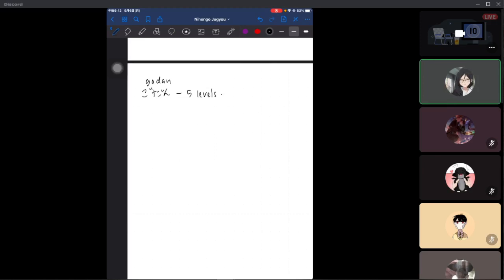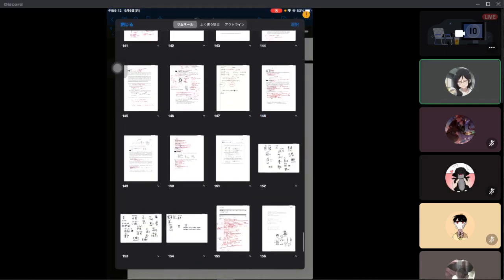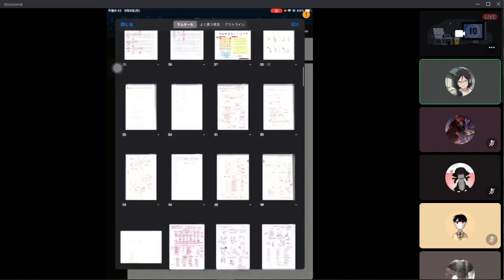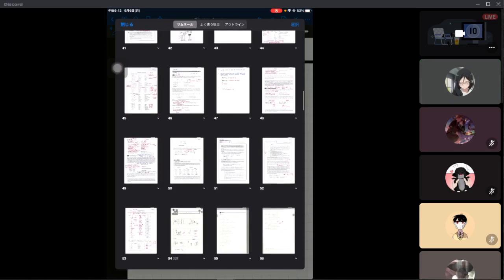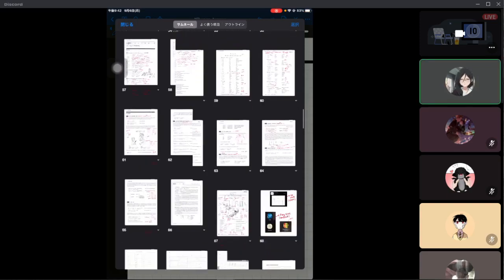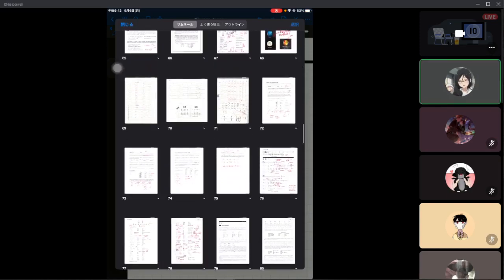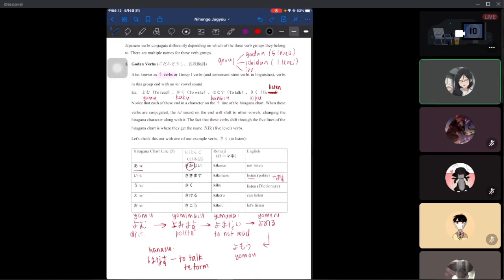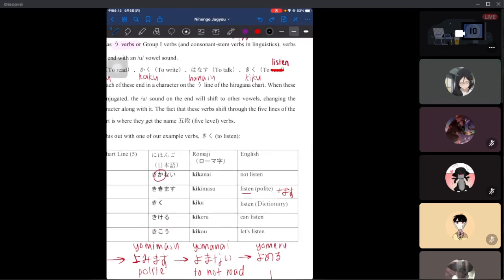For example, let me just show you a quick example to do a bit of a revision. This one. For example, the word kiku, which in the masu form is kikimasu.